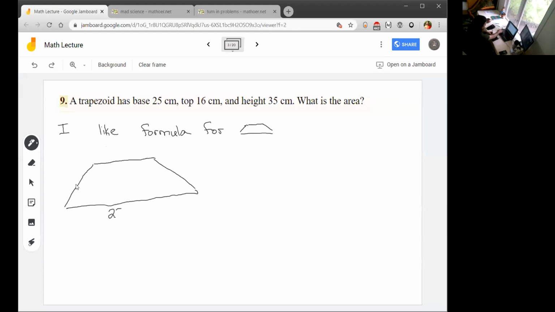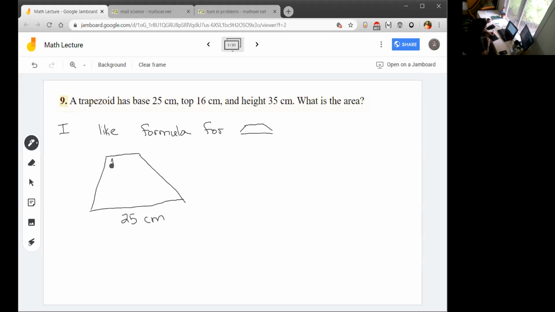This is much taller than it is. Still not to scale. That's okay. You are not grading me on my artwork.